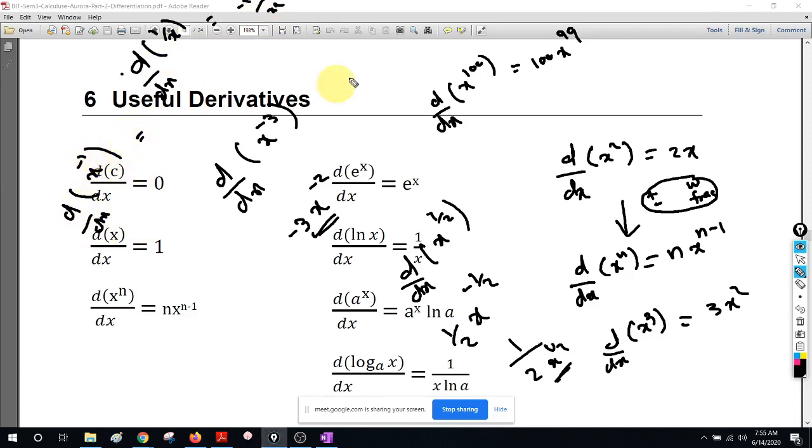Using this x to the power n rule, you can write minus 1 x to the power minus 2. So x to the power minus 2 is 1 over x squared, giving minus 1 over x squared. Now you can see this is what we got using the division rule also. So the same thing you can get from this rule also, right? So this n can be positive, negative, whole number or fraction.